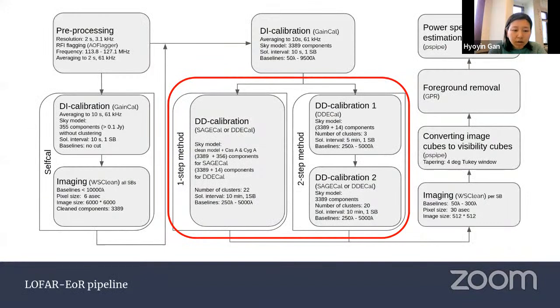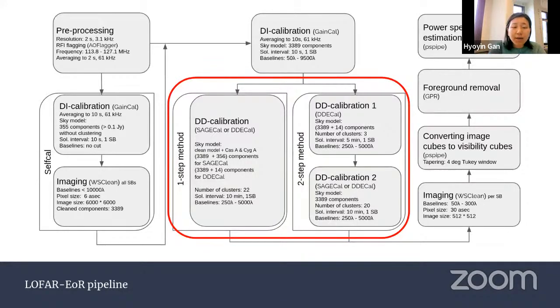Over the years, the LOFAR EoR team has been working on developing the pipeline for processing and calibrating the data. There are many steps in our pipeline, starting from pre-processing, including some flagging, etc. However, in this work, we would like to focus on the direction-dependent calibration part of the pipeline.